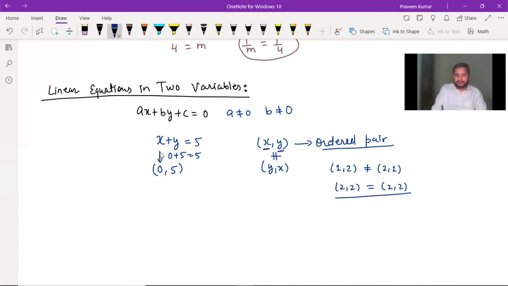So can you think of some more pairs? Yes. 1 plus 4 can give you 5. Only 2 are possible or more are possible? Yes, more are possible.